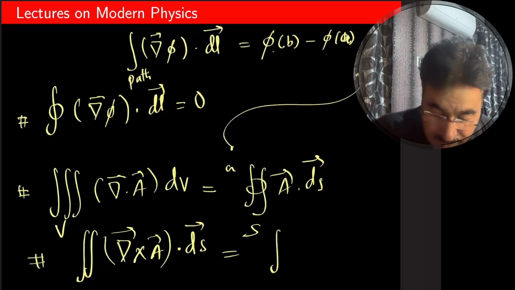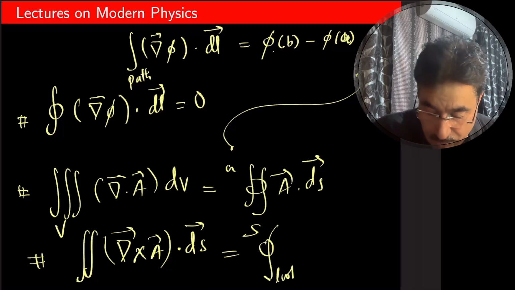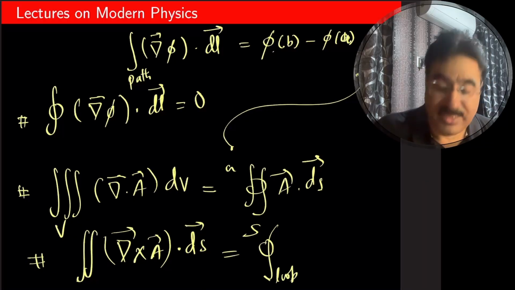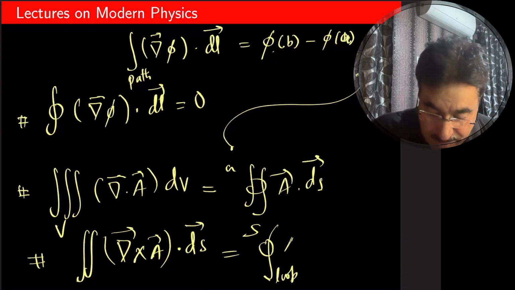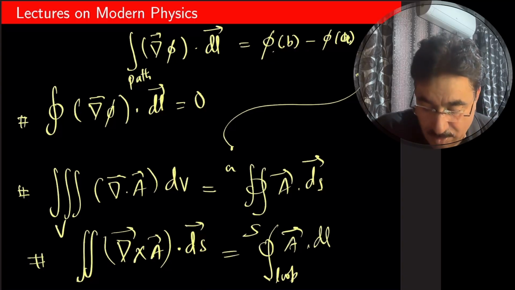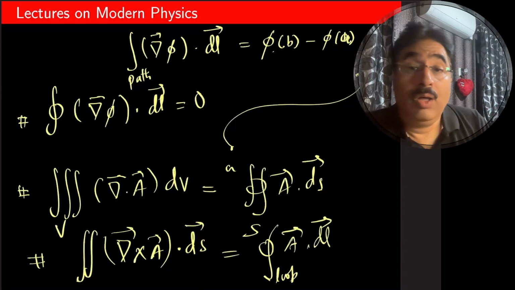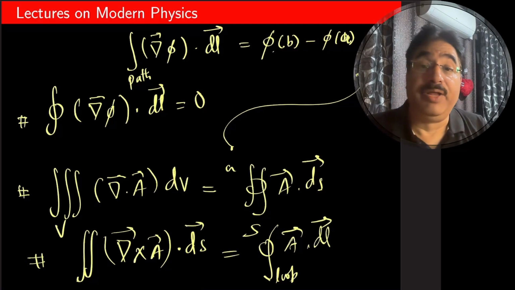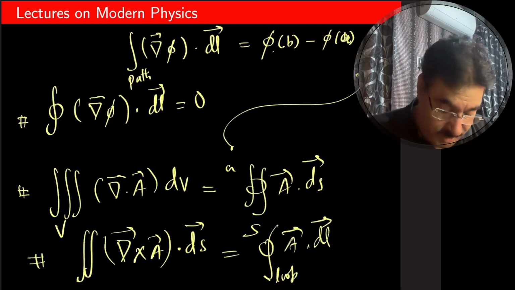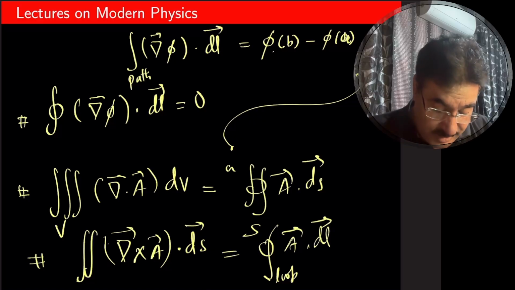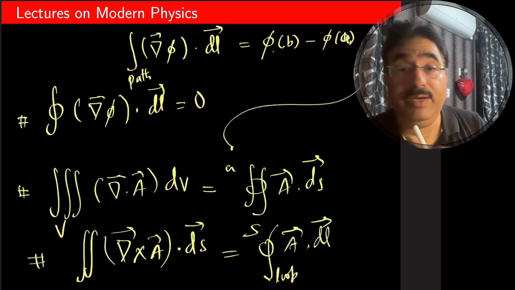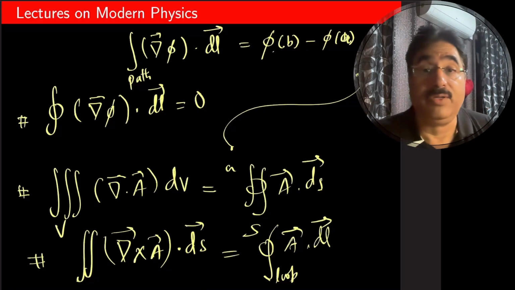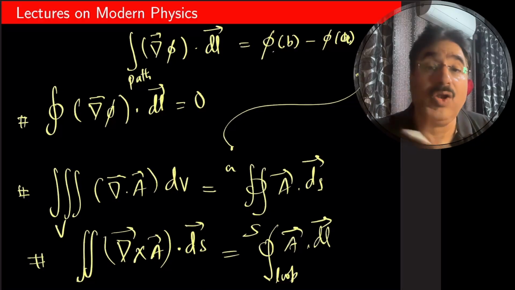That is equal to the loop integral over the closed loop that bounds the surface, the loop integral of the same vector field. So the loop integral of a vector field is equal to the surface integral of the curl of that field.